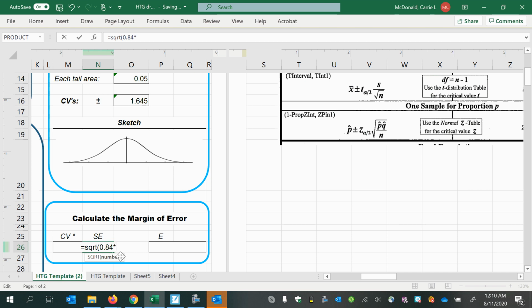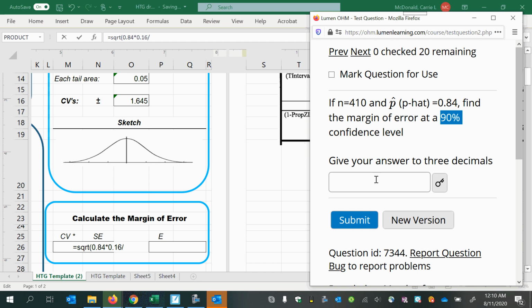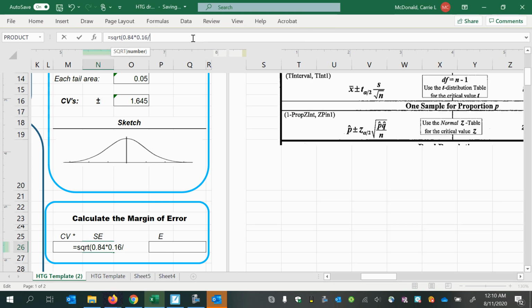So we're going to multiply this times 0.16, and divide by the sample size, which is 410, and all that is being square rooted.